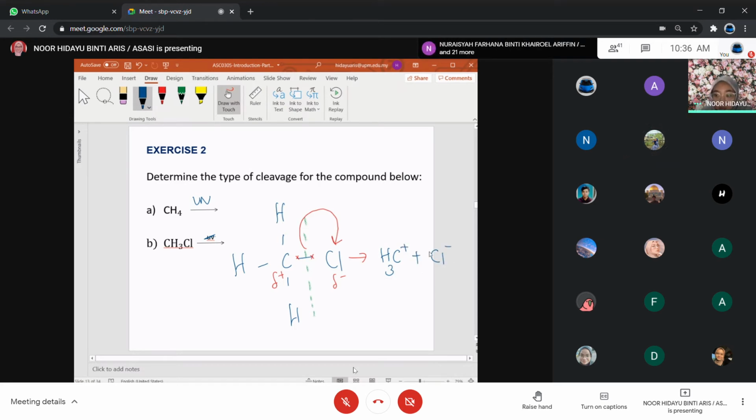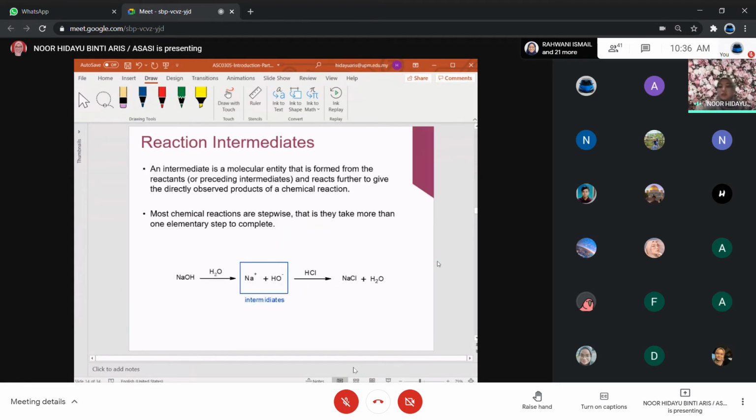So you will get 2 charged particles. Okay. So carbon with positive charge normally kita panggil sebagai carbocation. So Cl negatif ni boleh jadi nucleophile sebab dia negative charge ataupun Lewis base. Okay, dapatlah. Right. Okay, any question so far?